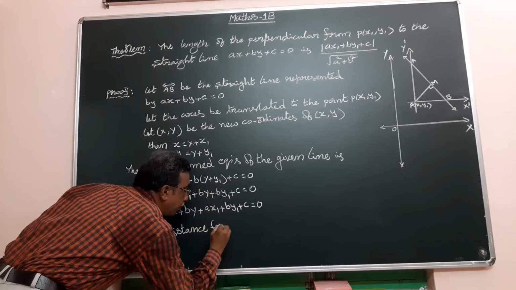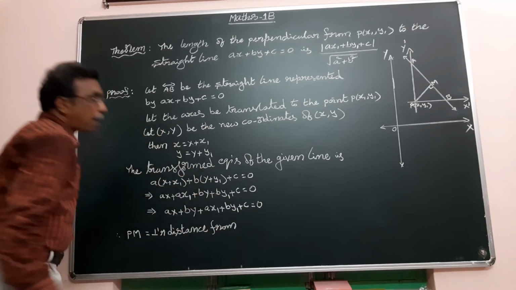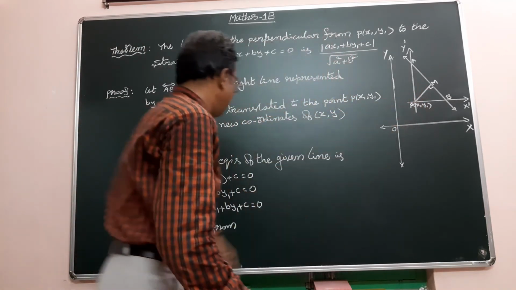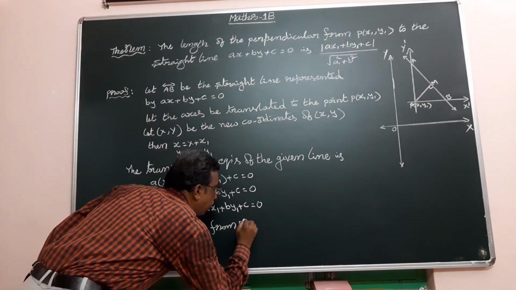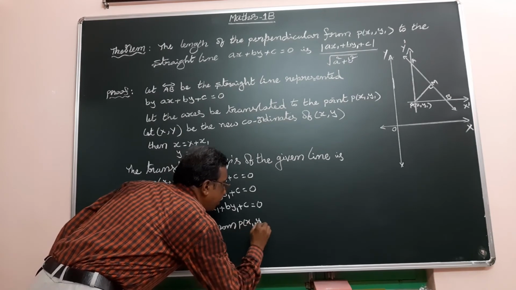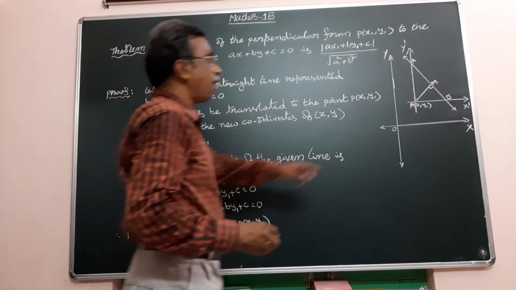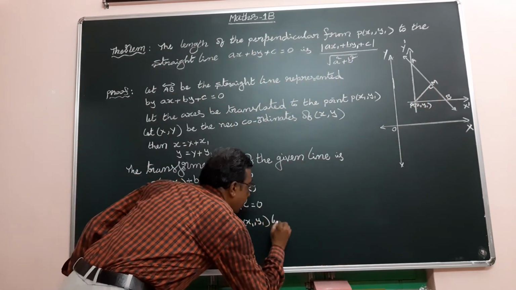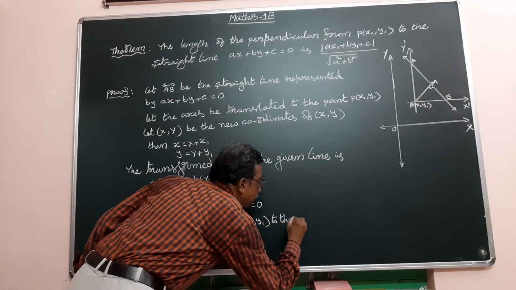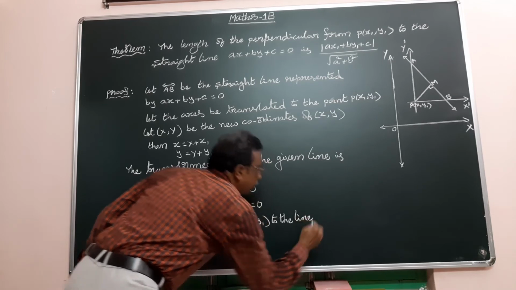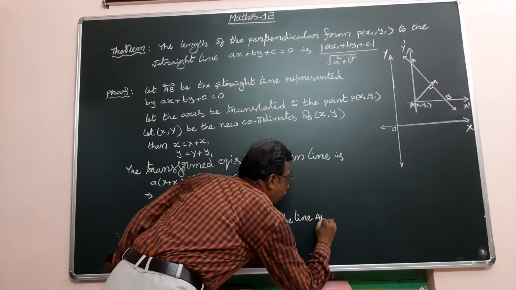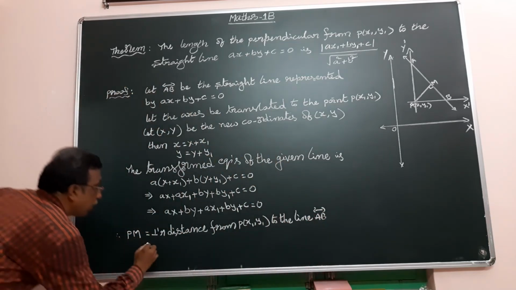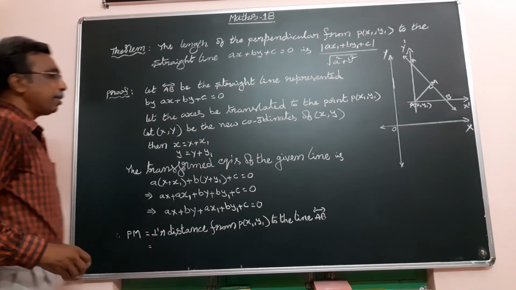from P of x1 y1 to the line AB. AB means what?